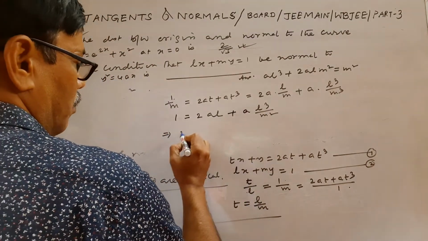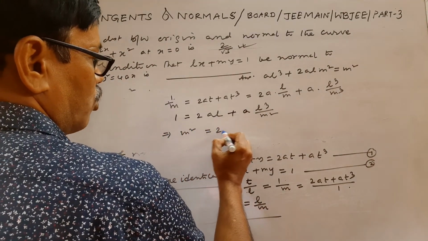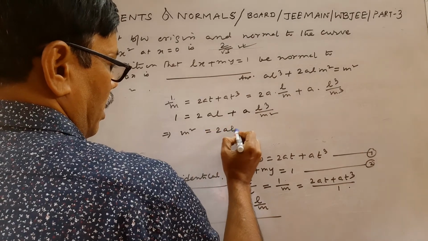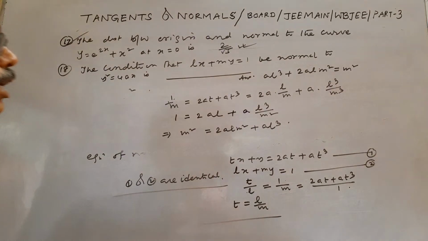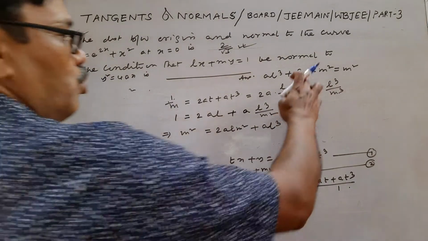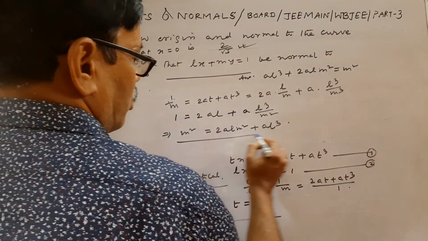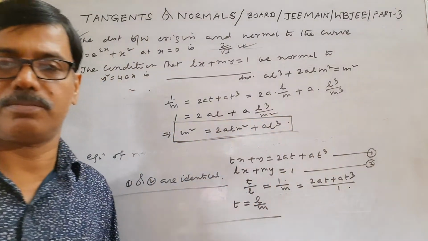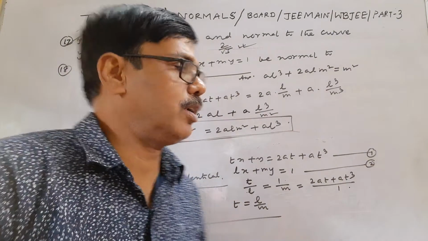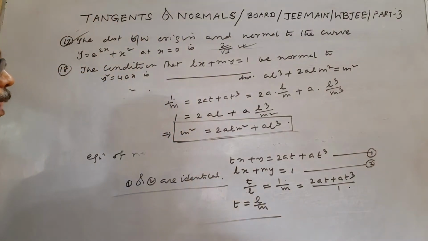So multiplying by m square, m square equals 2al m square plus al cube. So this is our condition.